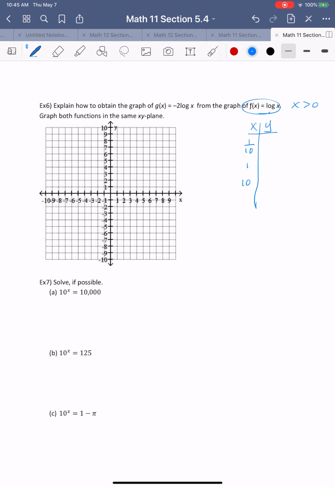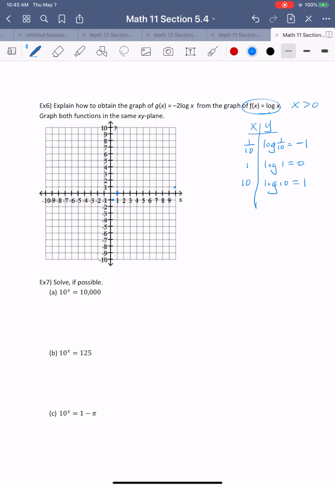So if you use 1/10 in here, log of 1/10 is going to be negative 1, and then log of 1 equals 0, log of 10 equals 1, okay? So 1/10 is about here, negative 1, very close to 1, and then 0 and 10 becomes 1.